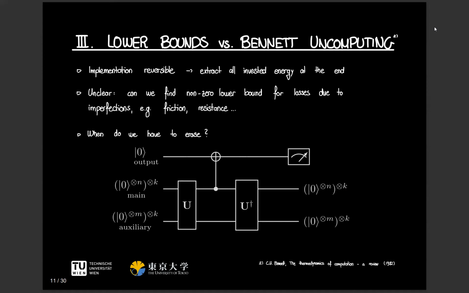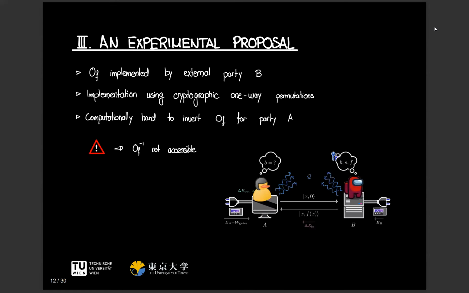Now, this argument doesn't really go through here because the oracle that I'm implementing is not necessarily invertible. And if the situation is such that I, who am implementing the oracle, use a cryptographic primitive like a one-way permutation, then for you using the classical computational platform, it will be computationally hard to invert that function.